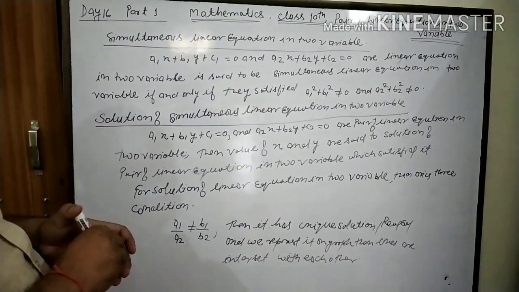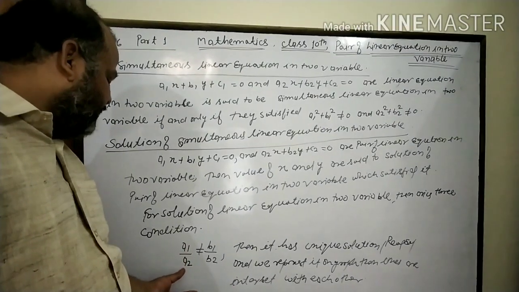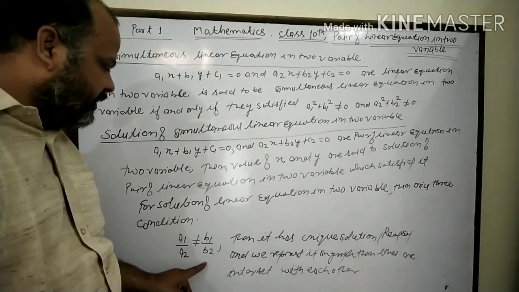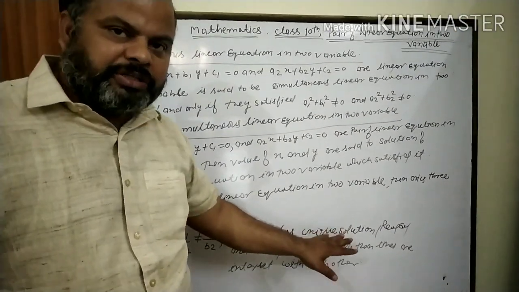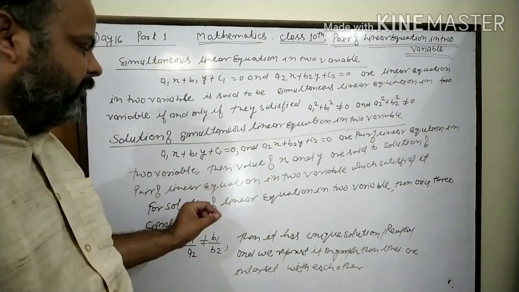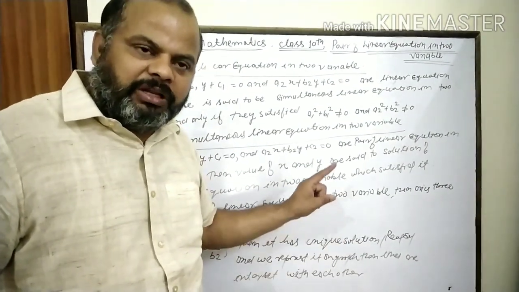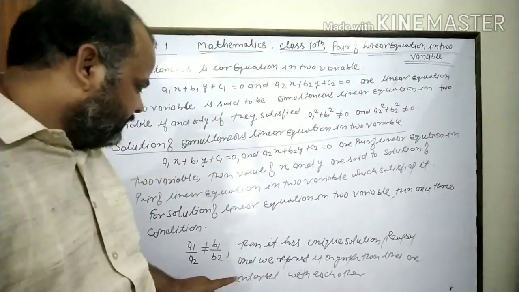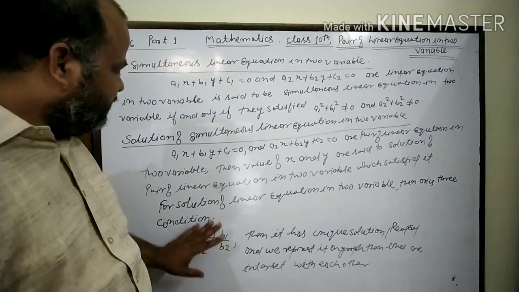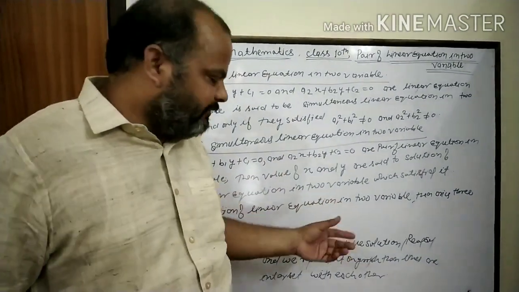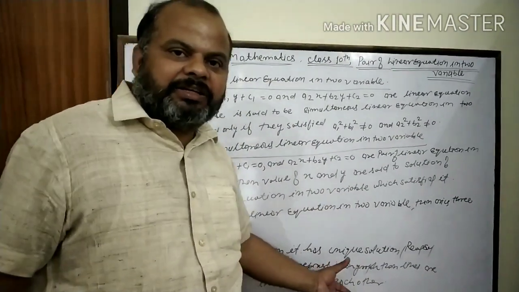Here it means if a1 upon a2 is not equal to b1 upon b2, then it has a unique solution. It means we have a unique value of x and y, only one value of x and y. And if we represent this equation on the graph, then lines intersect. Clear?